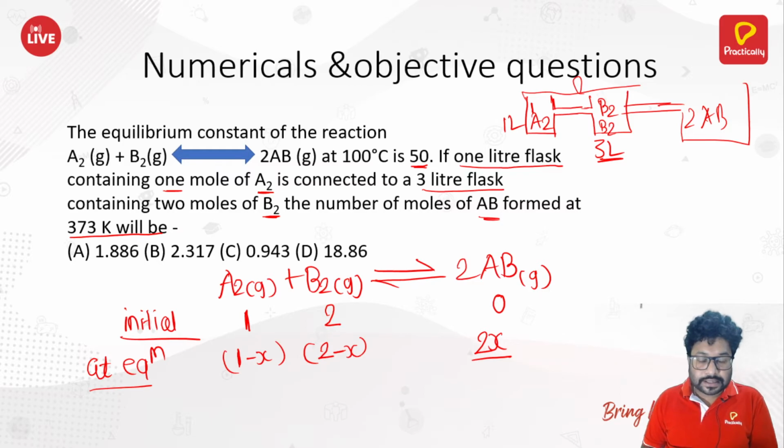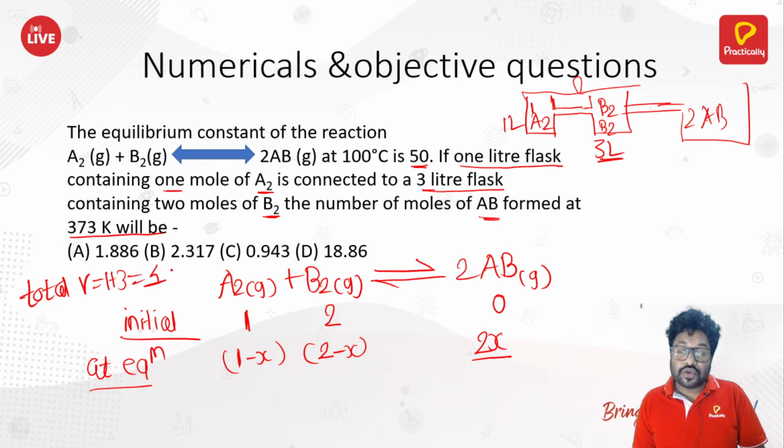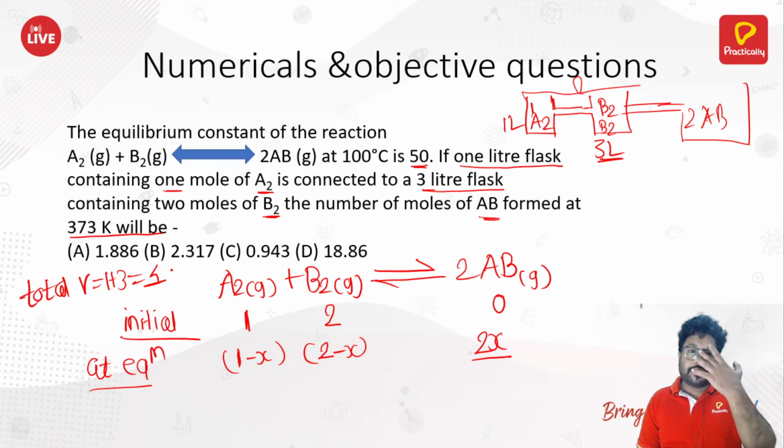Now what they have asked us, see this, you haven't got the concentration just as yet. Why? Because you also need to see the total volume. What is the total volume here? Total volume is the 3 liter flask of B2 and the 1 liter flask of A2. So total volume is 1 plus 3, 4 liters, right? So you can always get the concentration by dividing the number of moles by 4.